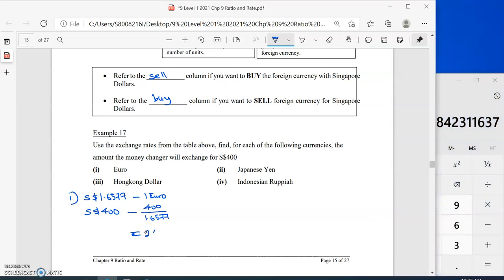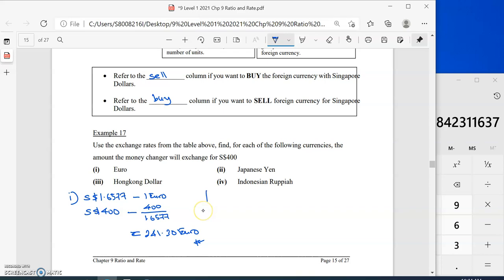So I'll get 241.30 euros in return, which makes sense. It takes more than $1 to purchase 1 euro.